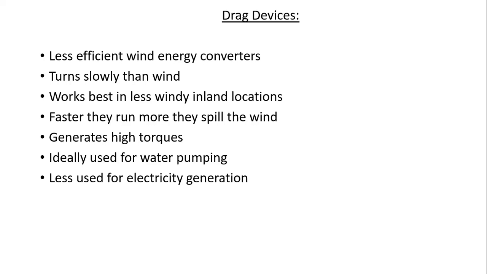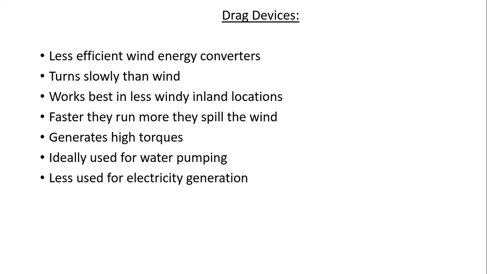So these are mainly useful for water pumping. This is the most common use of the drag device. As they do not rotate at higher speeds, they cannot be coupled with generators. This is the disadvantage of the drag device.